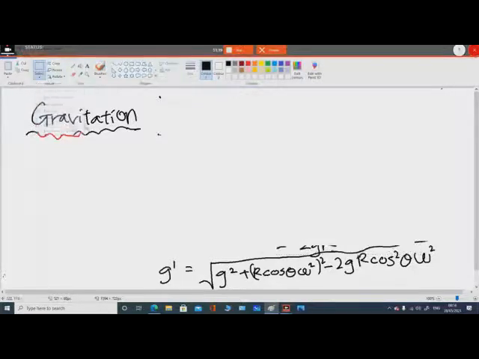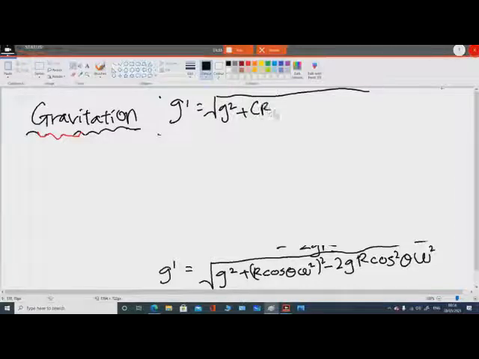Okay, so let me rewrite again here, as this formula is important for our next part. g prime squared equals g plus r cos theta omega squared minus 2gr cos squared theta omega squared. So let me recheck whether this equation is true or not. Alright, yes, it is correct.